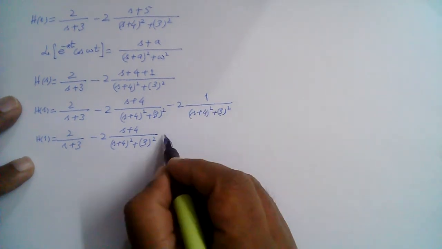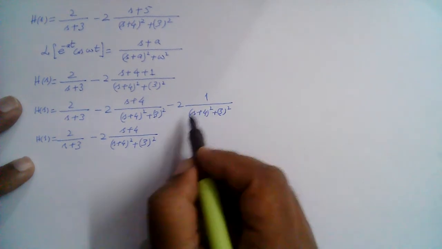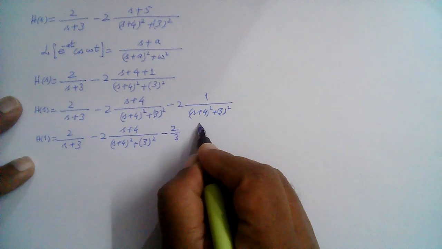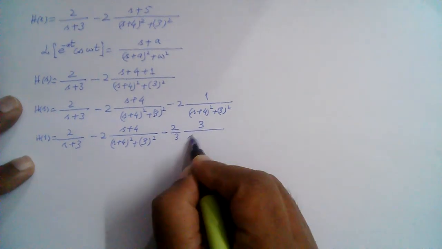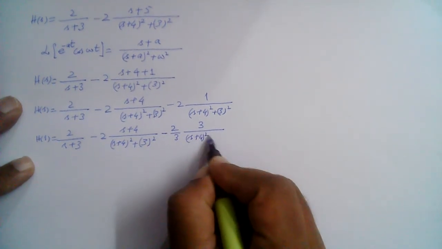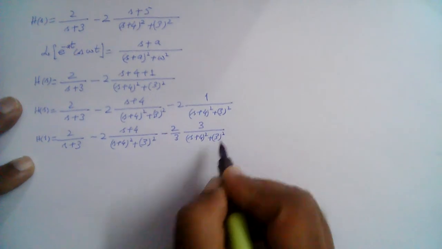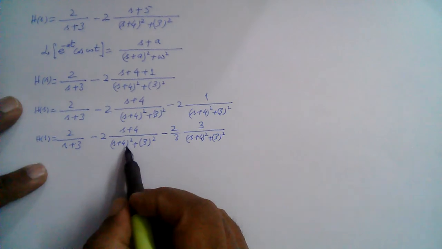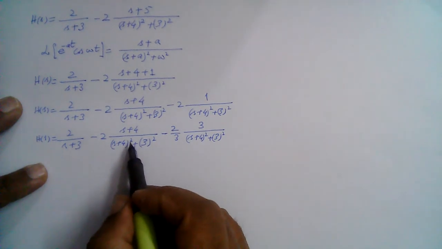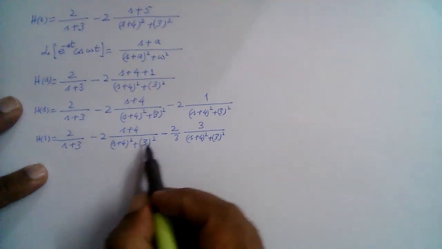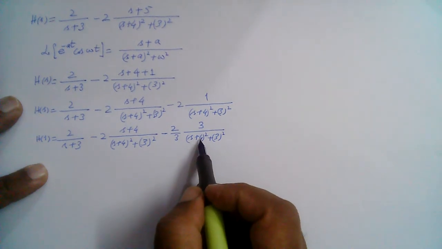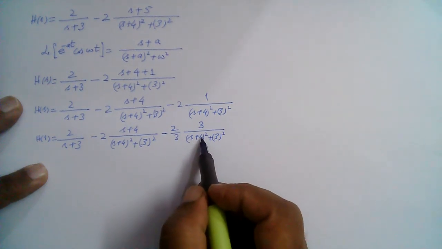So what we do is we multiply it with 3 and divide it by 3. So this is minus 2 over 3 and 3 here, s plus 4 squared plus 3 squared. So this is the Laplace transform of e raised power minus 4t cos 3t, and this is the Laplace transform of e raised power minus 4t sine 3t.